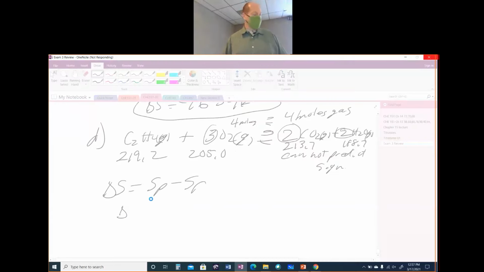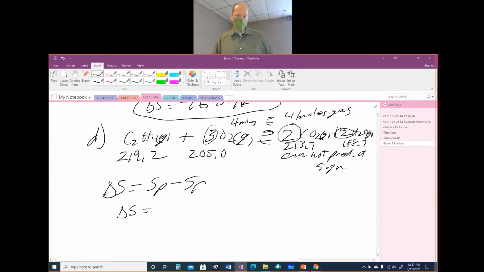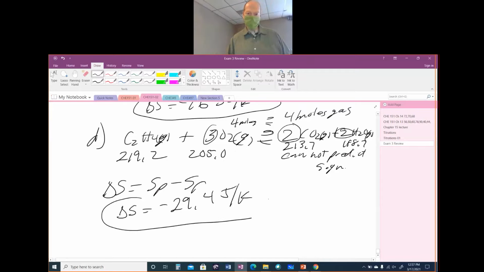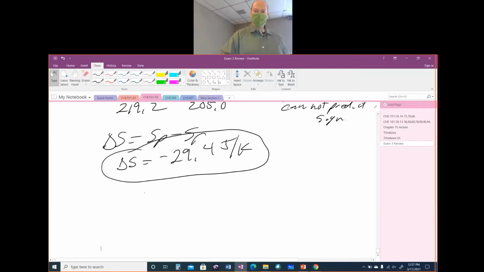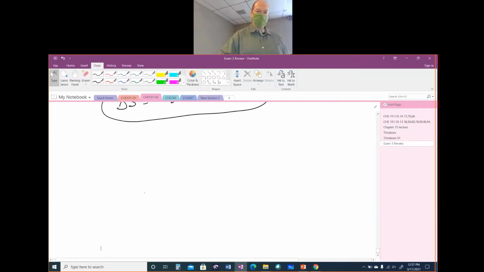So it is a small negative number, but it is a negative number. Negative 29.4 joules per Kelvin. Products minus reactants, those should be very simple to get your delta S of any reaction. You should be able to predict it and also calculate it.